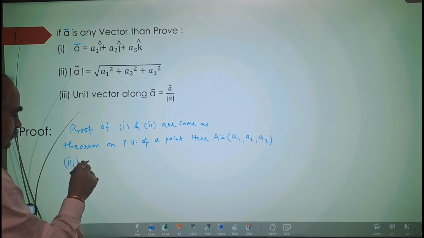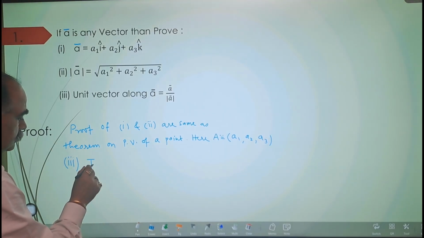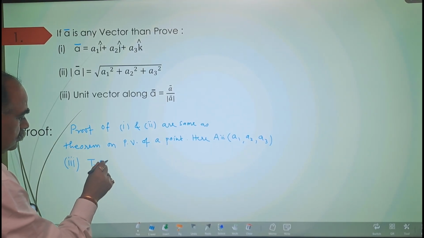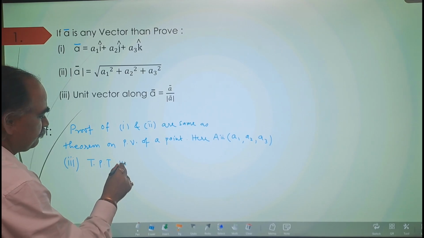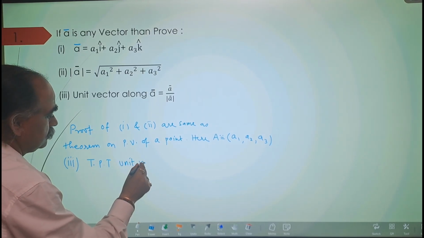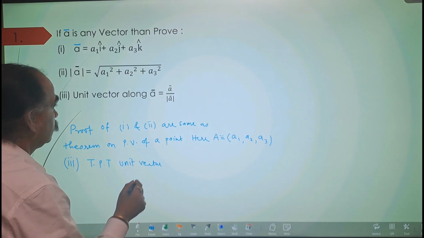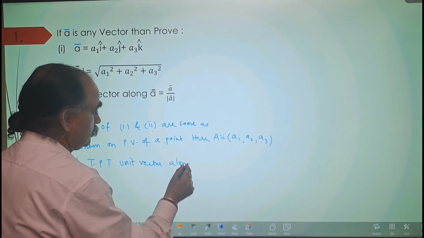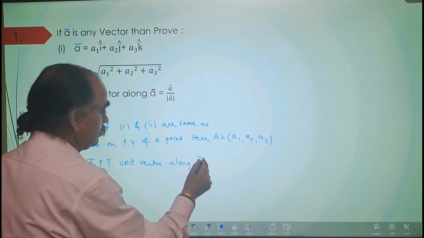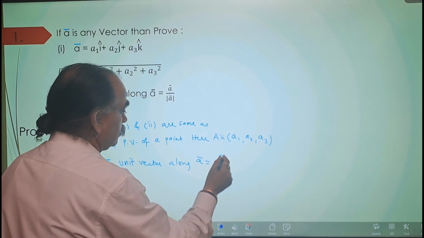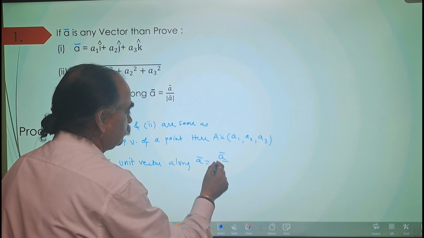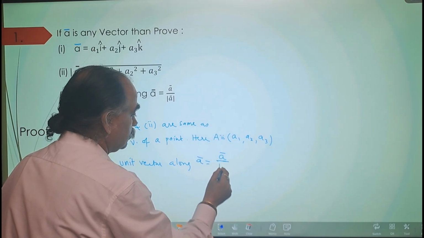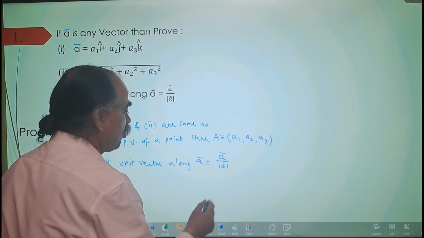To prove that unit vector along A bar is equal to A bar upon mod A bar.